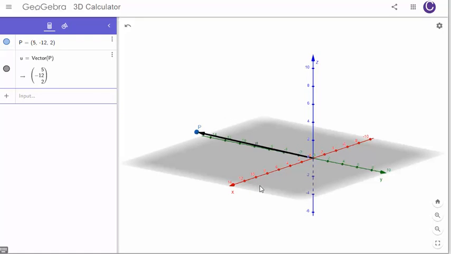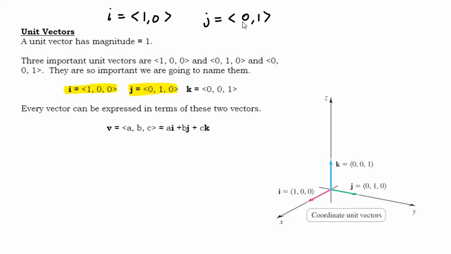Well, if I'm going to go 5 units in the x direction, that's 5 i vectors, right? I need 5 i vectors to get out here 5 units. And then I'm going to need to subtract 12 j vectors to move to the left, those are our y units, sorry about that.